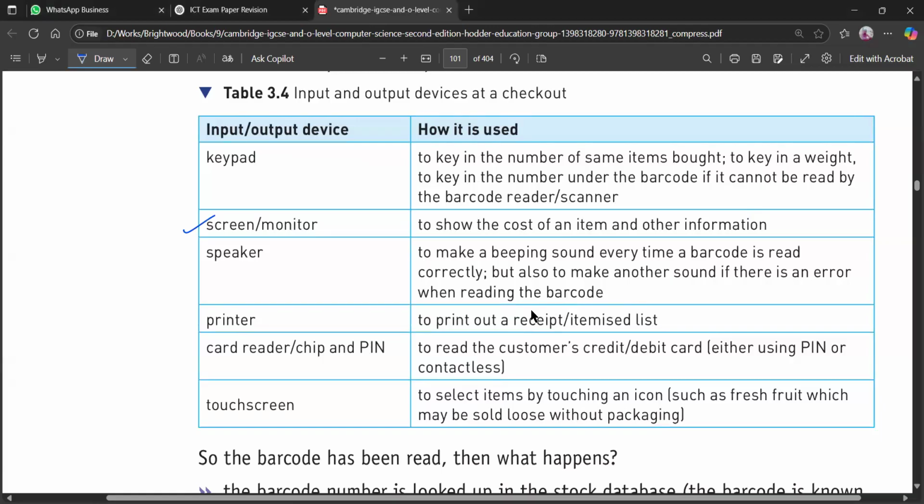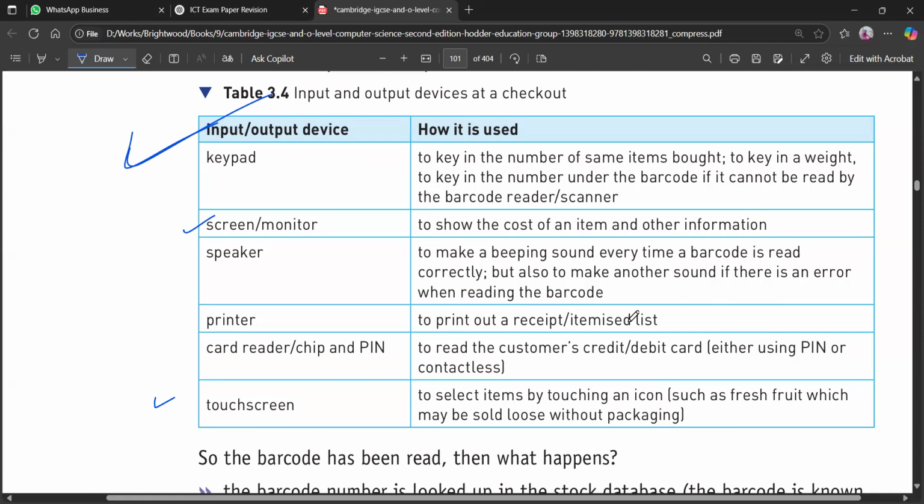Can you write down this table in your own words? No need to write everything. You can summarize it. How to take the input and output devices, I will explain later on. First of all, write in your own words, it's better. Read this and write it in your own words.